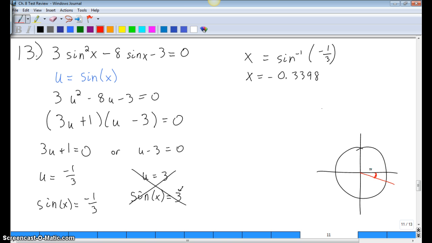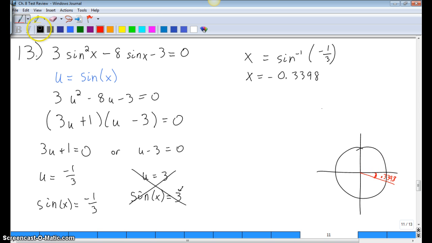We need to find the 2 positive values that are equivalent to that angle, that fall within 0 to 2 pi. So this being 0.3398 in magnitude, it's a distance of 0.3398 radians away from 0.